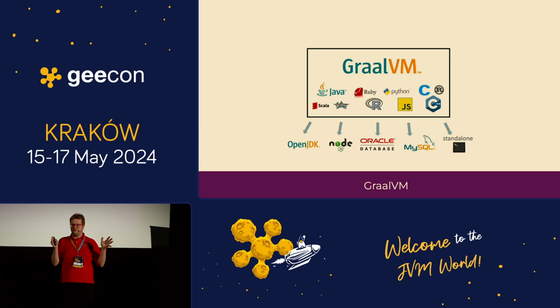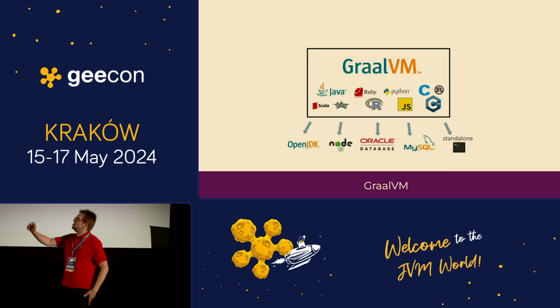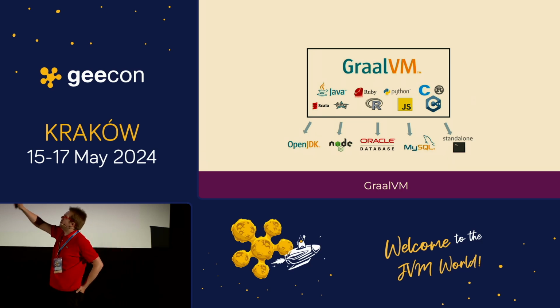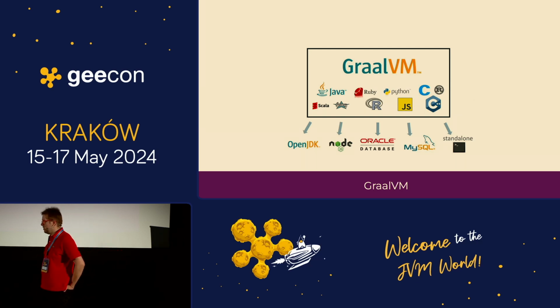So GraalVM is a similar idea: if we can have multiple languages run on the Java virtual machine, probably we can create a virtual machine that will allow us to run even more languages, like Java, Ruby, Python, C, R, Scala, Groovy once again, JavaScript, C++, and currently also WebAssembly, so a lot more.